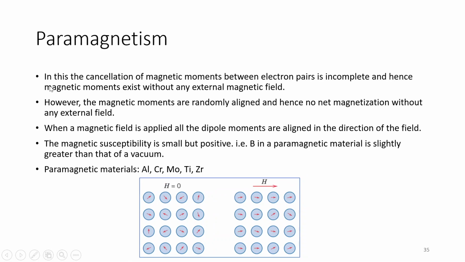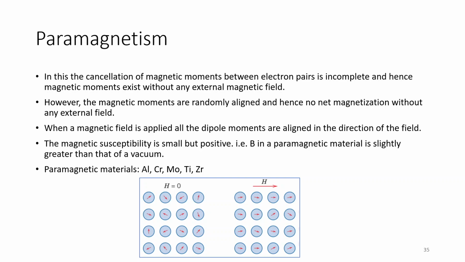Next up we have paramagnetism. In this, the cancellation of magnetic moments between electron pairs is incomplete, and hence magnetic moments exist without any external magnetic field. However, the magnetic moments are randomly aligned, hence no net magnetization without an external field.